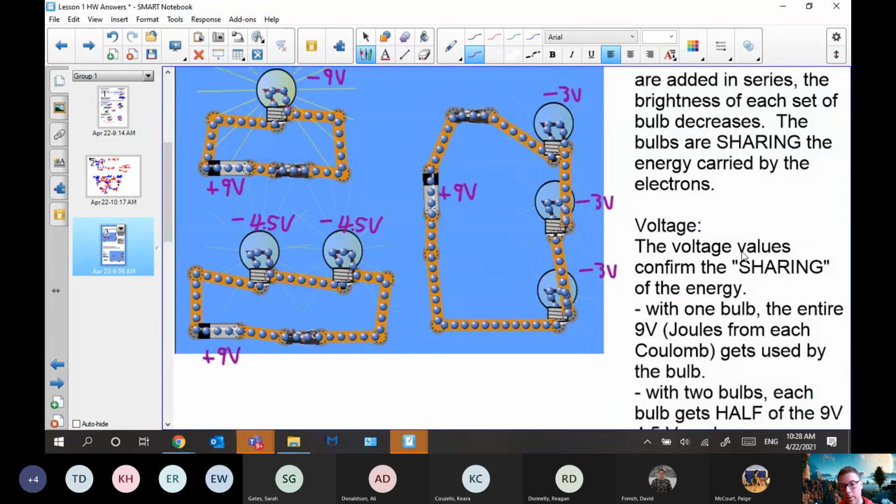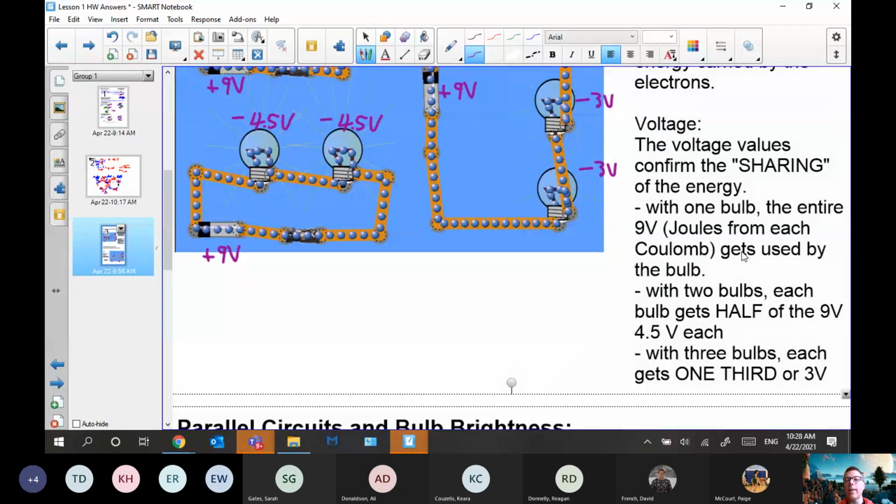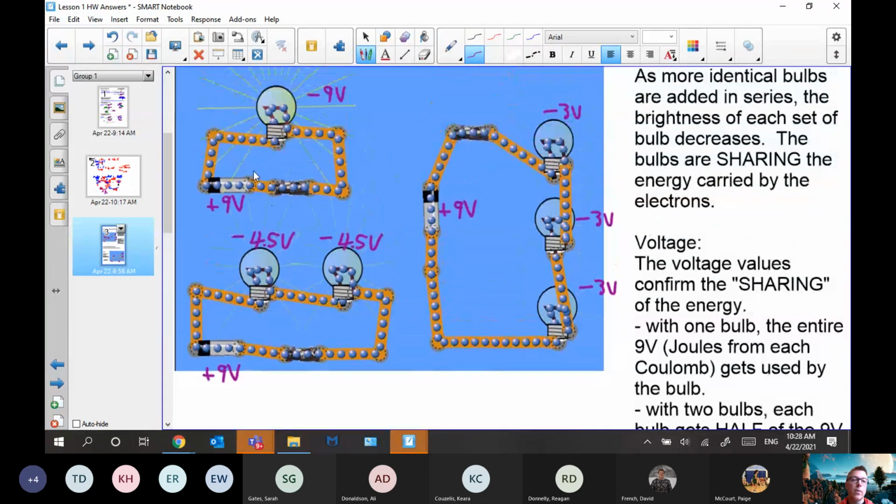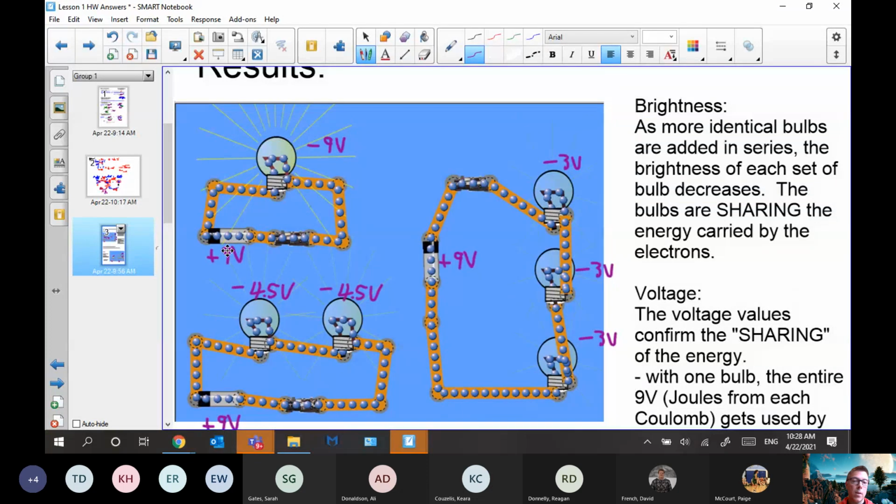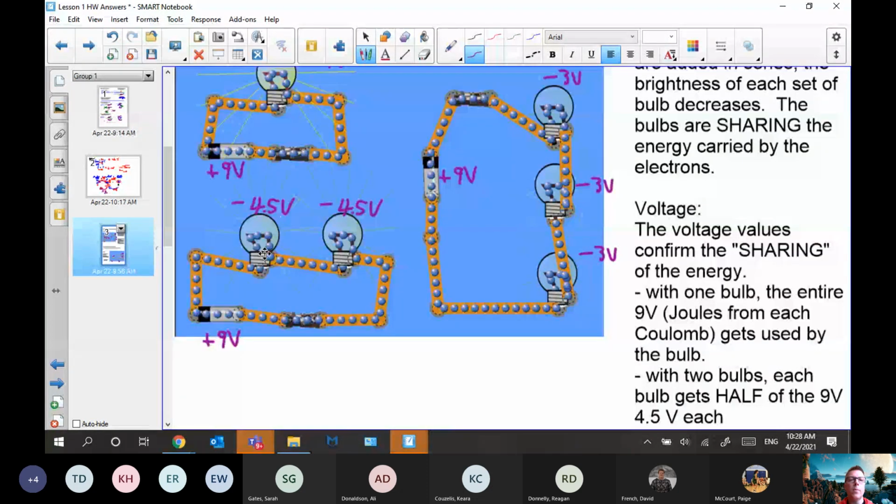That sharing concept is quantitatively confirmed with voltage, because we've got 9 volts given to the electrons, the +9, and then we've got a -9, the 9 joules being taken away from the electrons, used by the bulb. Then in the 2 bulb circuit, you've got the +9, you've got -4.5, -4.5, like half each.